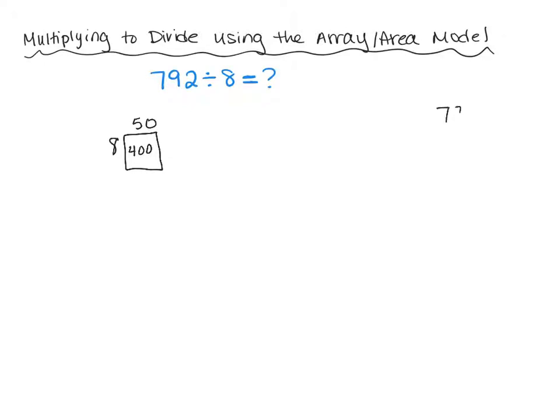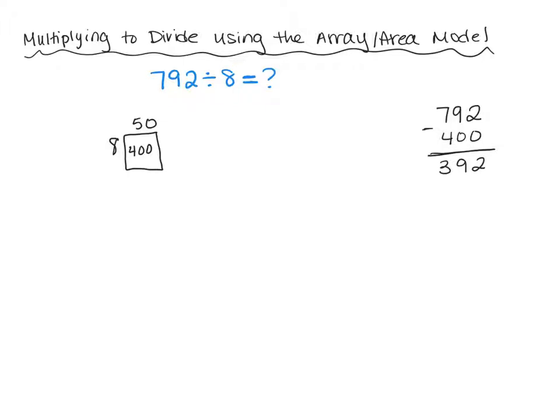So of my total area of 792, or my total dividend of 792, I have found 50 groups of 8, which gives me 400. So let's figure out how much more I still need to find. So I'm still looking for an area now of 392.